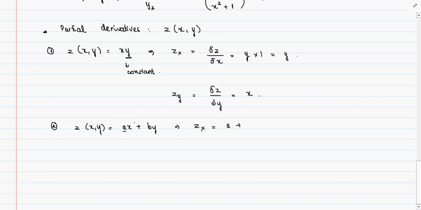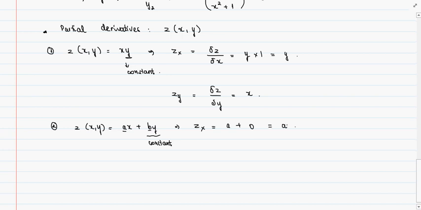If you differentiate two functions added together, then you just differentiate them separately and add them together. And if I differentiate by with respect to x, what do I get? Now remember, b is a constant, and if I differentiate with respect to x, I'm treating y as a constant as well. So the whole thing over here is a constant, and if I differentiate a constant with respect to a variable, I get 0.